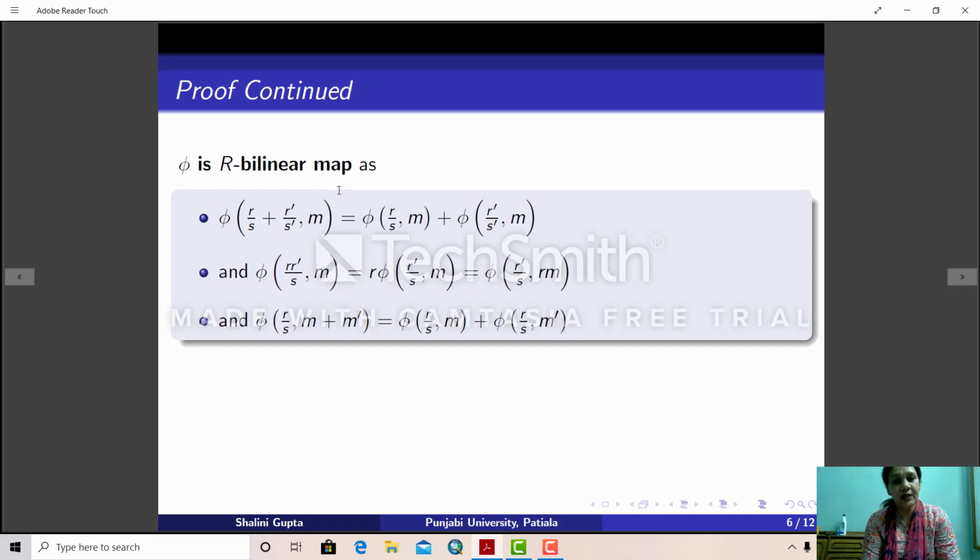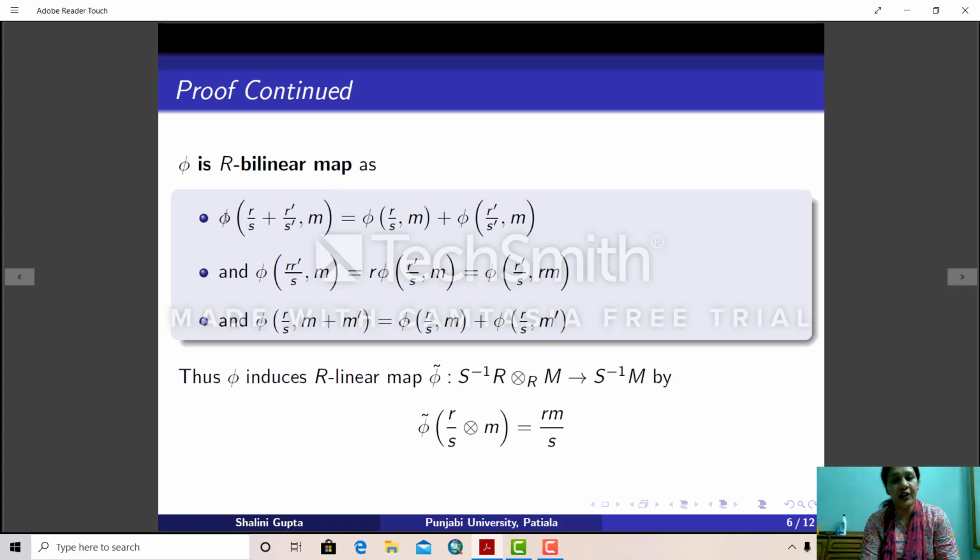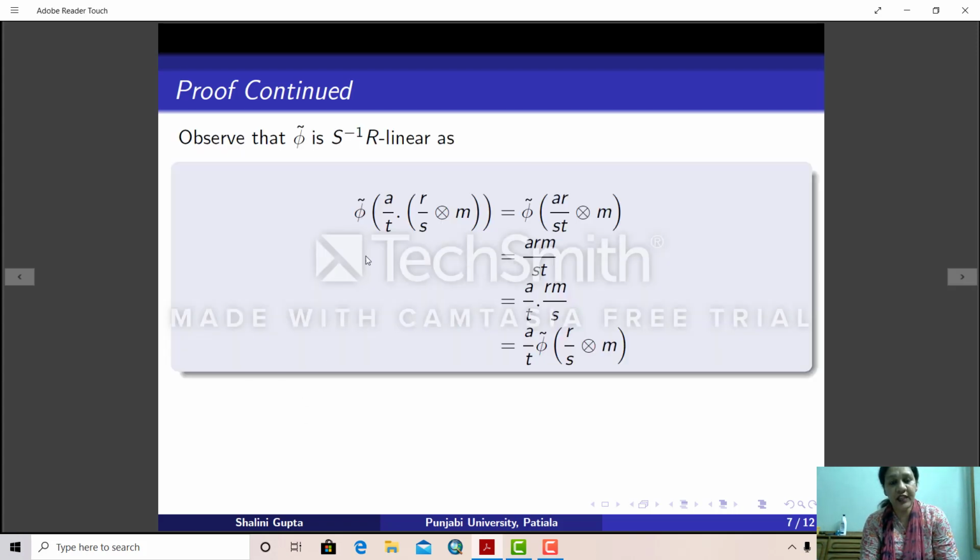So thus, by the universal property of tensor products, phi induces an R-linear map phi tilde from S inverse R tensor M to S inverse M, defined by phi tilde(r/s tensor m) is equal to rm/s. Now, it can be seen easily that this phi tilde is also S inverse R linear, because if we take an element a/t in S inverse R, then phi tilde of (a/t) dot (r/s tensor m) will be phi tilde(ar/ts tensor m).